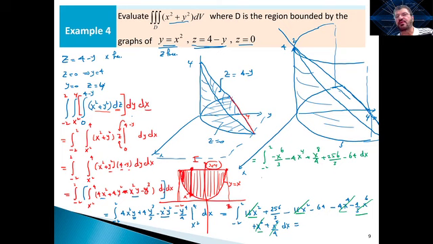Now we integrate with respect to x, guys. What do we have? We have minus x to the 7 over 7 with 1 is 23, minus 4 over 5 x to the 5, plus x to the 9 over 36, plus 256 over 3x minus 64x. All of this is from -2 to 2. You plug those two numbers and you get the answer.